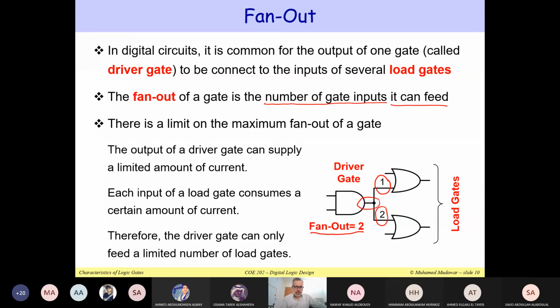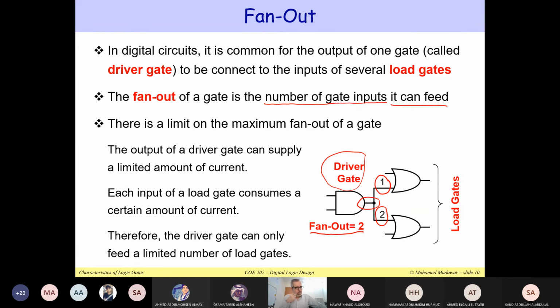This gate is called the driver gate because its output is driving the inputs of other gates. If the same output is connected to the inputs of many gates, then this is going to increase the fan out. Okay, that's the meaning of the fan out.